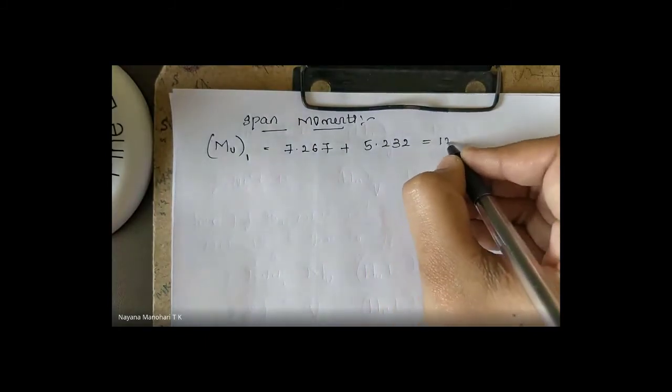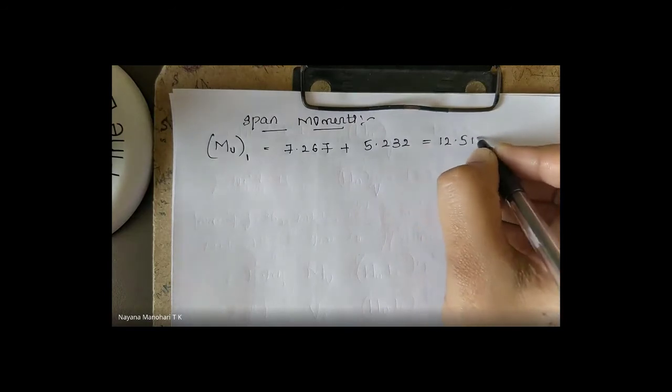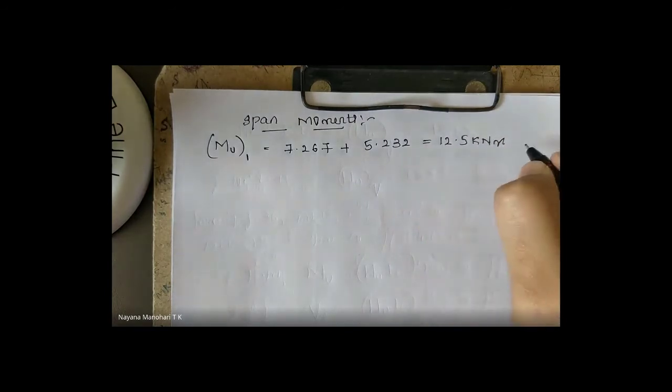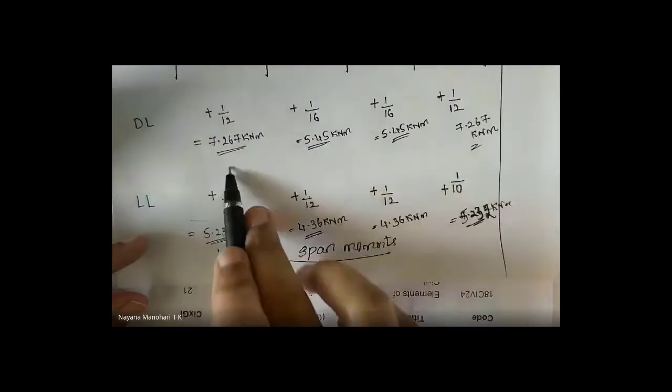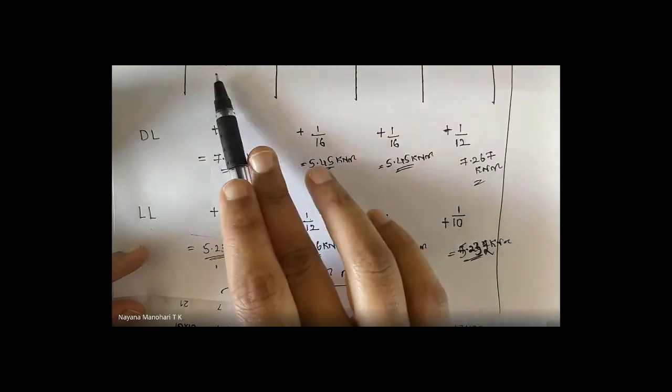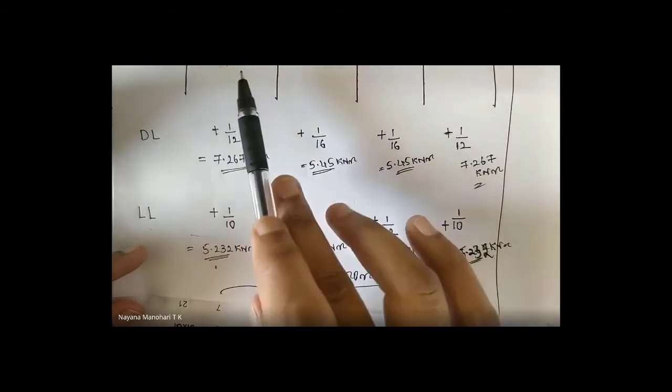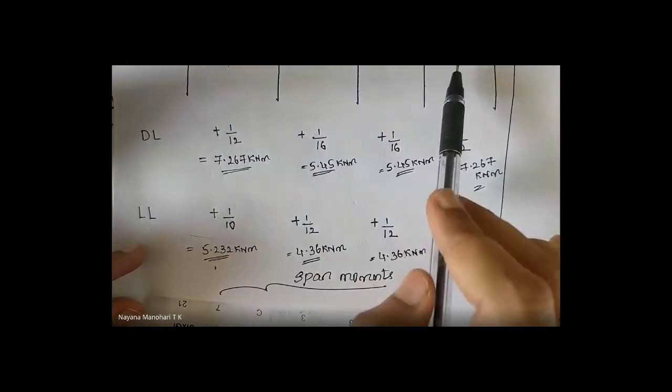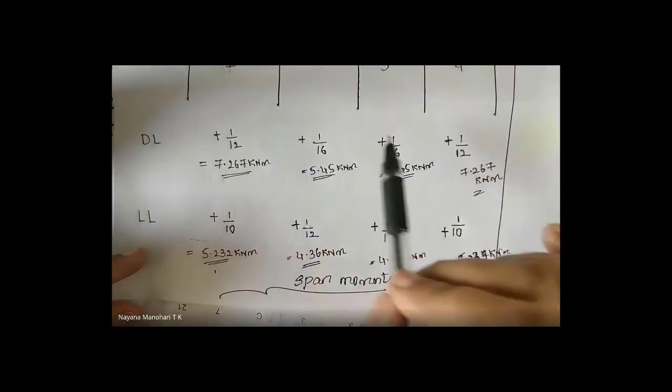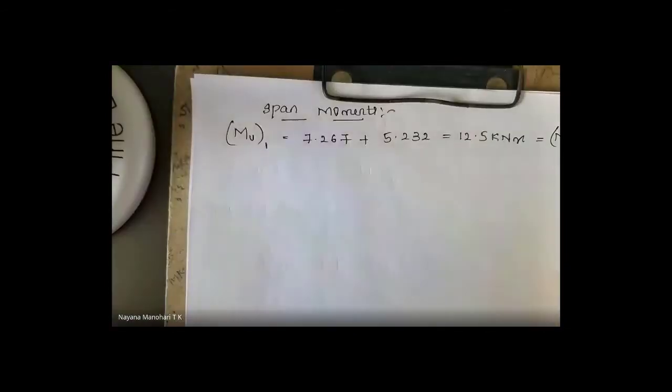Okay, you will get it as 12.5 kilonewton meter. That will be equal to what? Mu at fourth span. Is it not? See here, at both the point, at middle of end span. At middle of end span means 1 and 4 are the end span. Okay, the values are same.